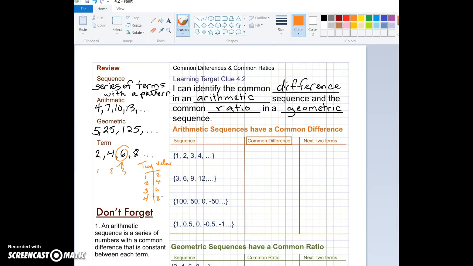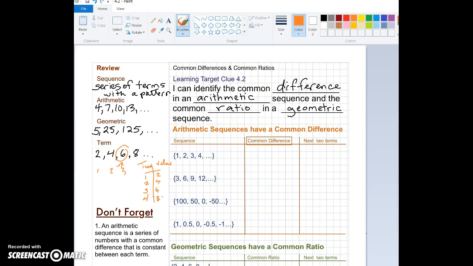All right, so now let's talk a little bit more specifically about arithmetic and geometric differences. Now, we've already noticed that there's something common about them, that there's this constant thing that happens. With an arithmetic sequence, we are constantly adding the same number.